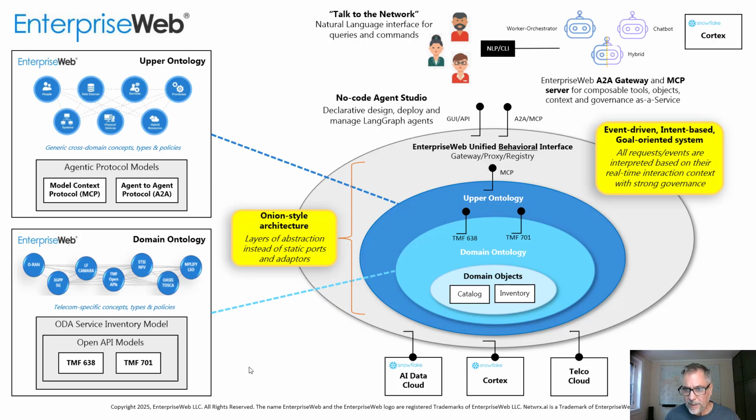Enterprise Web registers all customers and partners. All of their people are given permissions. All of their users have permissions, and any agents that those people create are also registered, and they can inherit no more permissions than the user that creates them. So security is built in by design into everything that Enterprise Web does.